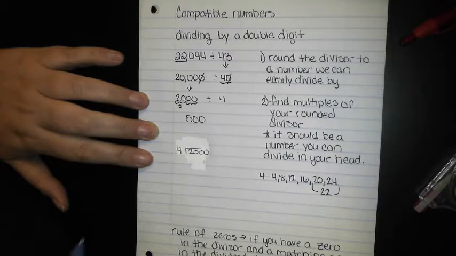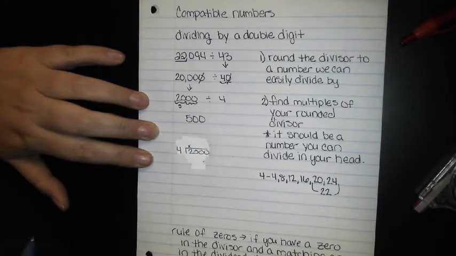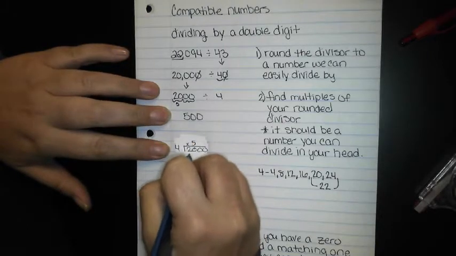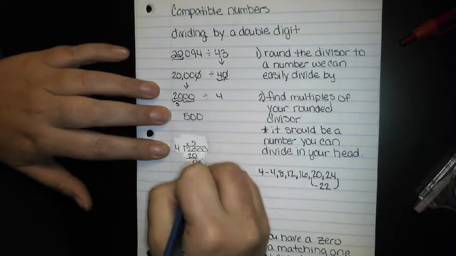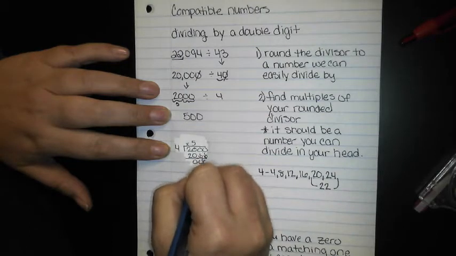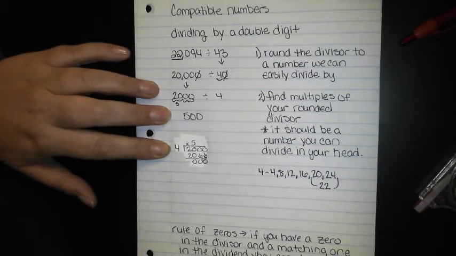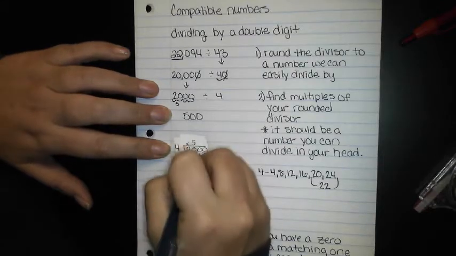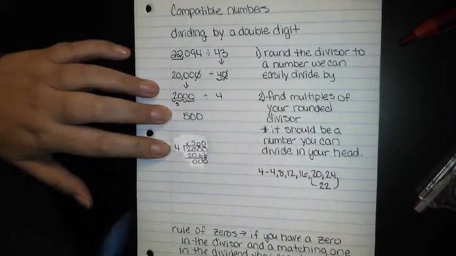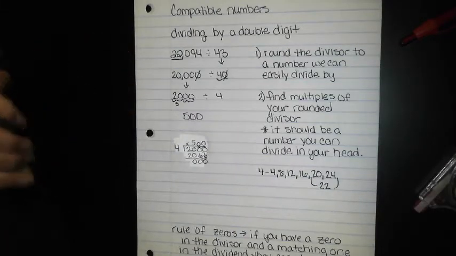Alright, so 4 goes into 2 no times. 4 goes into 20 5 times. That brings us down to 0. So we're just going to bring down, still 0. Bring down, still 0. And everything underneath has to have something above it. So that means my 0 moves up, my 0 moves up, and I still get 500.